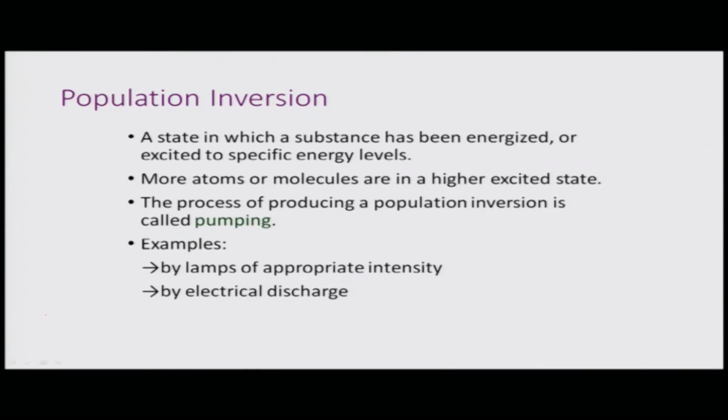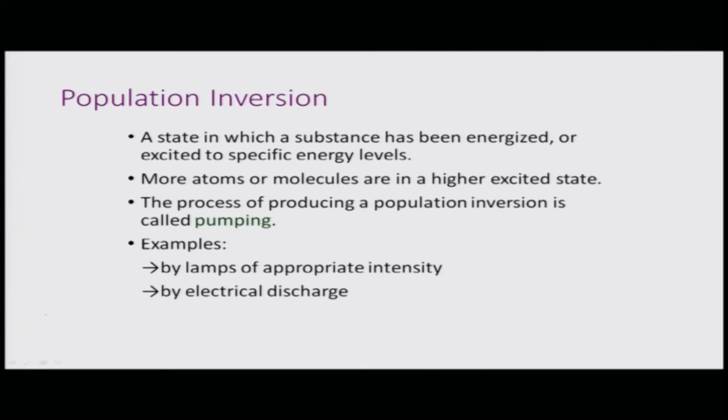So, we established in the last lecture that population inversion is one of the key aspects of lasing. In order to have a laser work, we need population inversion. So, in this lecture let us look at where we left off.